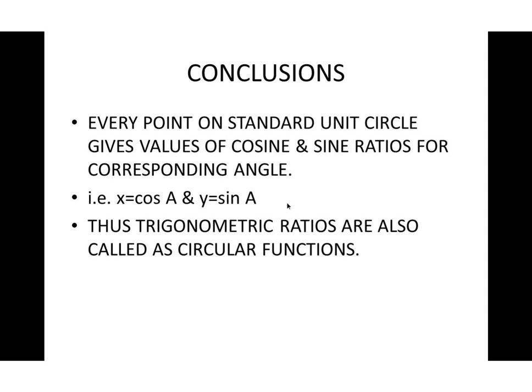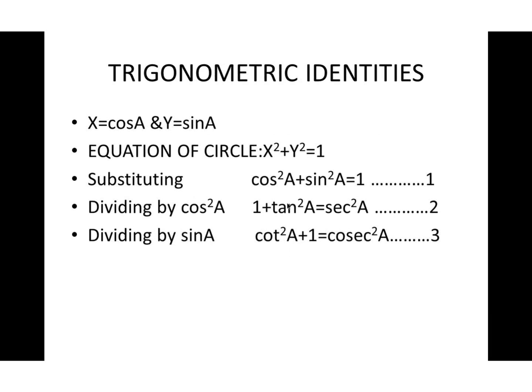So here are the conclusions. As I told you, every point on the standard unit circle gives the values of cosine and sine ratios for the corresponding angle theta. So x is nothing but cos A and y is nothing but sin A. Thus trigonometric ratios are also called circular functions.